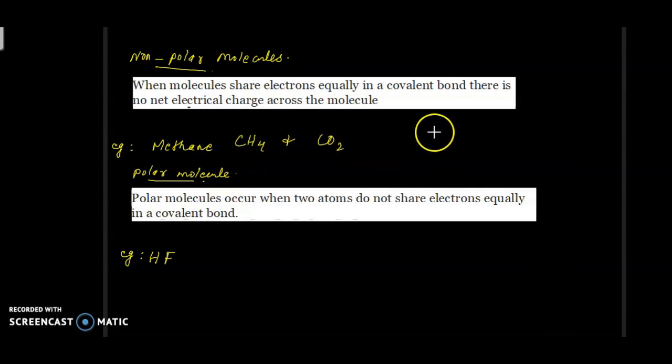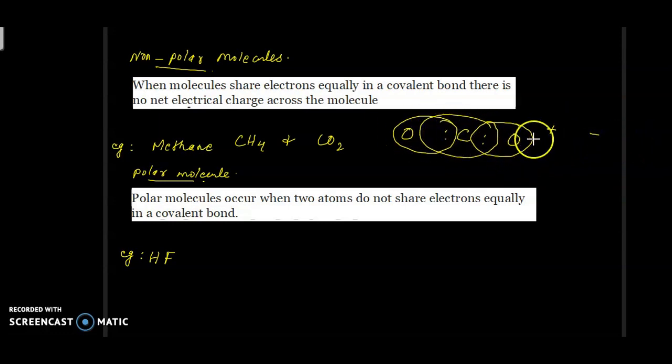In carbon dioxide, there is one carbon and two oxygen. When electrons are shared equally, there is a covalent bond. These types of molecules are not dipoles. They do not have any plus and minus, no non-uniform distribution of charges.